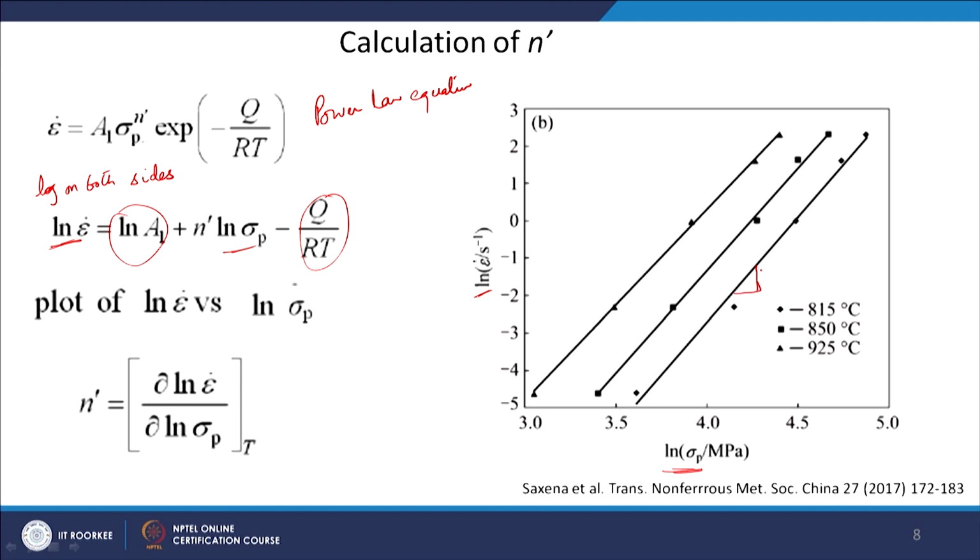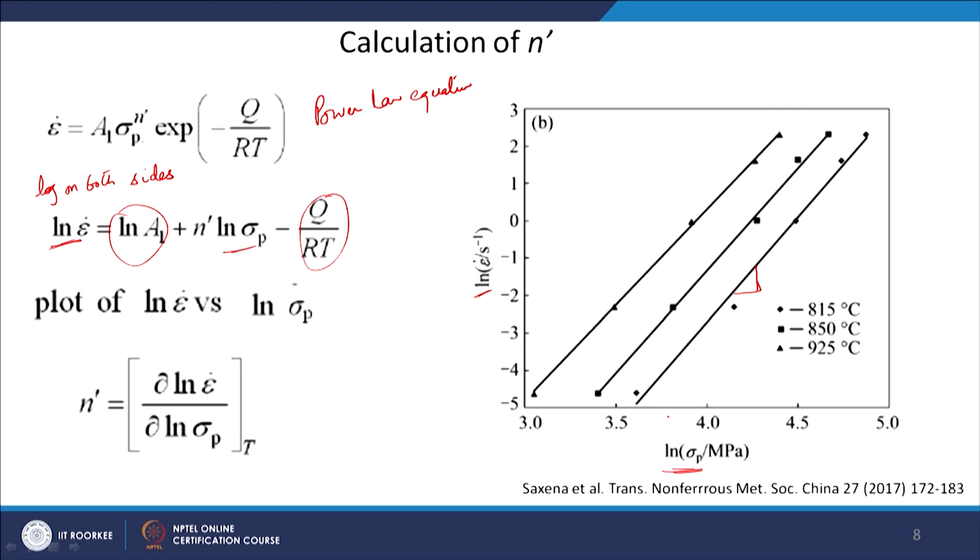These three curves are for three different temperatures. So, how have we got this data? At 115 degrees Celsius you have deformed the material at different strain rates, 3-4 strain rates for example, and from there you have got 4 or 5 data points. Then again at 850 degrees Celsius we have deformed for 5 strain rates, so 1, 2, 3, 4, 5, again 5 data points and so on.